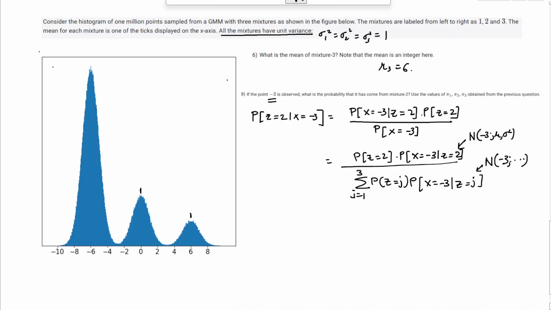At the same time, one more thing to be noticed is that we are already given that pi1 is 0.7, pi2 is 0.2, and pi3 is 0.1. This is already given to us. So what is pi2? Pi2 is nothing but probability z equals 2.